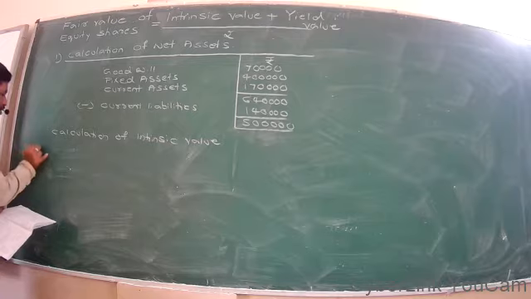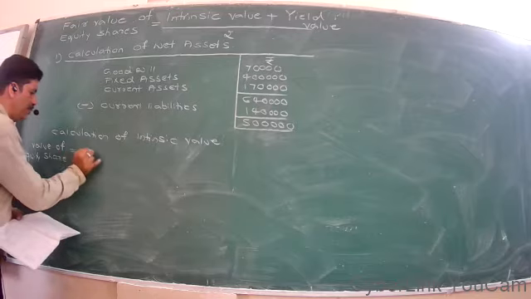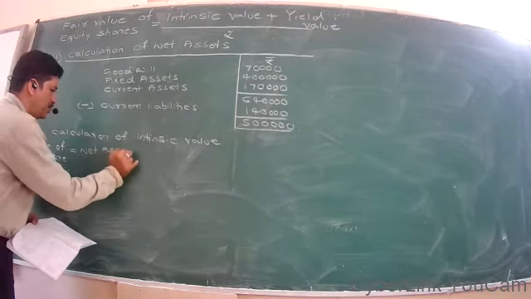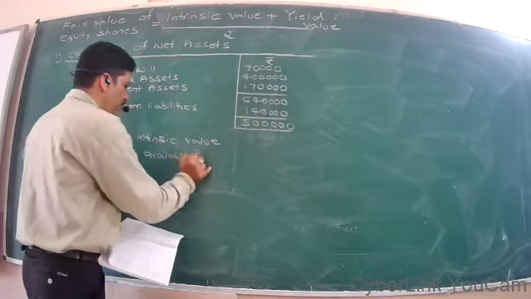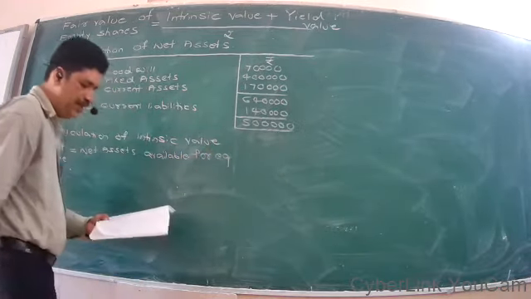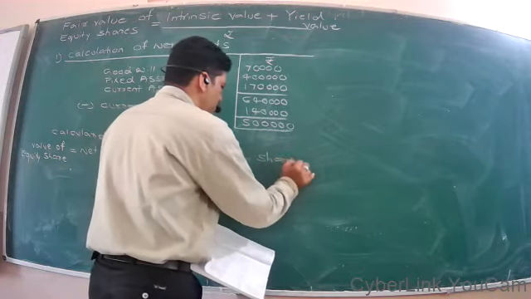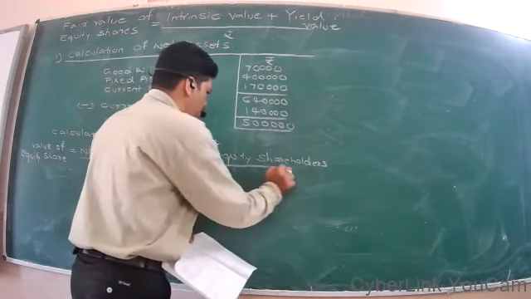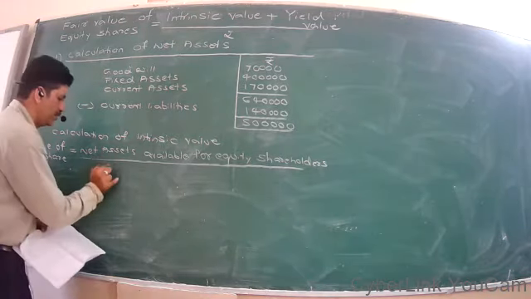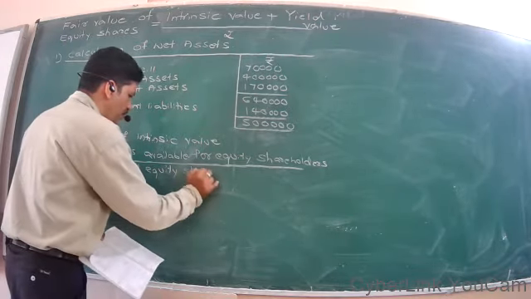The value of an equity share is equal to net assets available for equity shareholders divided by the number of equity shares.